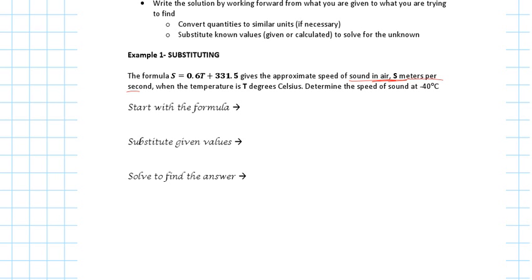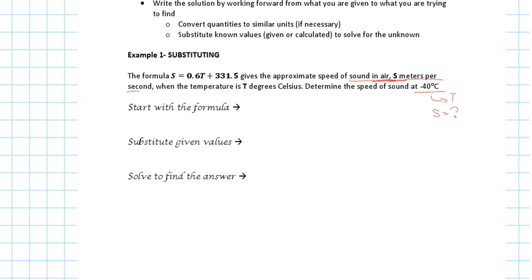And they tell you T is the temperature in degrees Celsius. So they define it to you. Okay? So start with a formula. I know that my given is negative 40 degrees, and that's T. Right? And I know that I'm looking for S. Are you guys okay with that? Right? T is given, I'm looking for S.